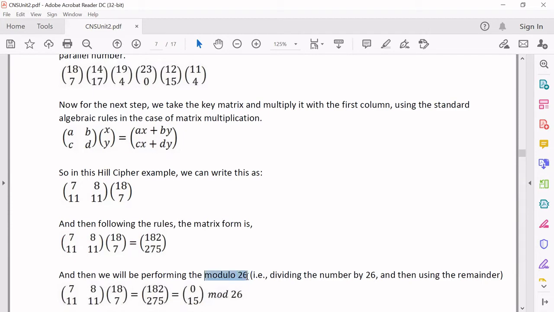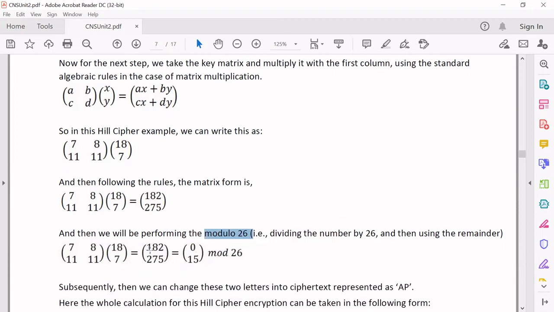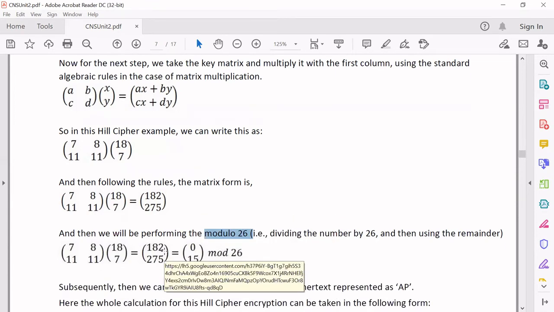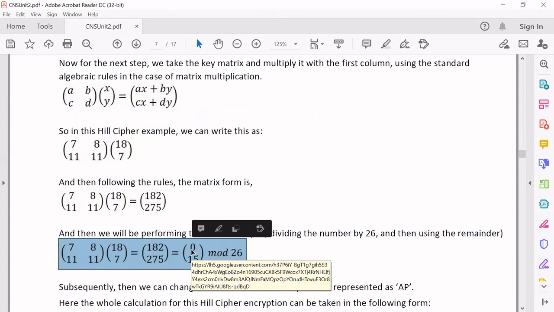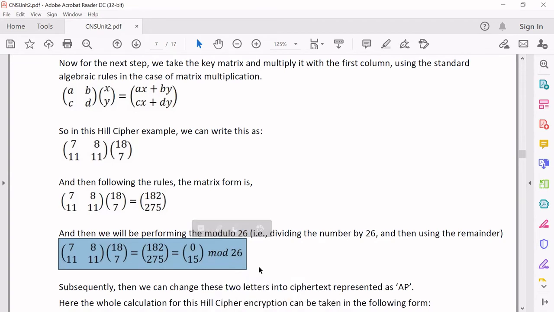And modulo says that you have to divide it by 26 and the remainder value is considered here. So in this case, 182 divided by 26, you will get the remainder as 0. 275 divided by 26, you will get the remainder 15. Not the quotient value, rather it should be the remainder value.